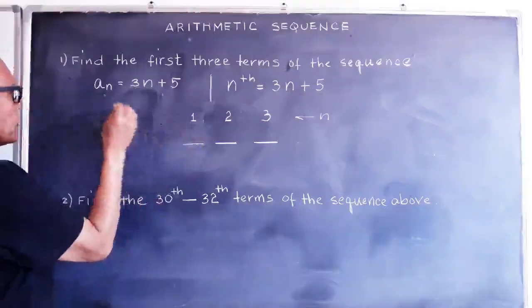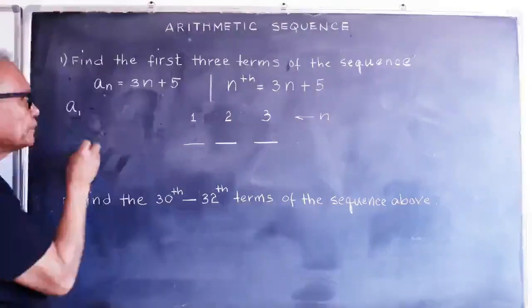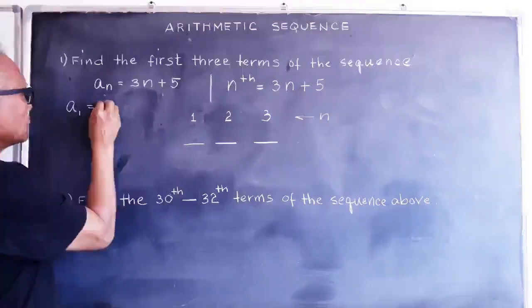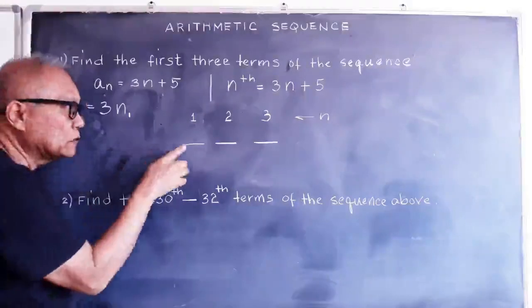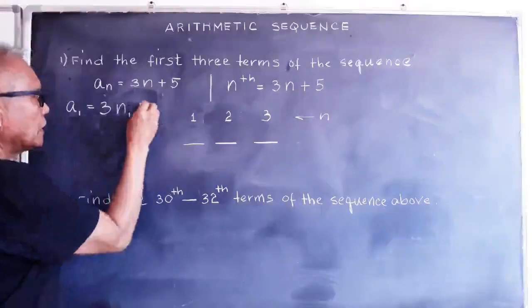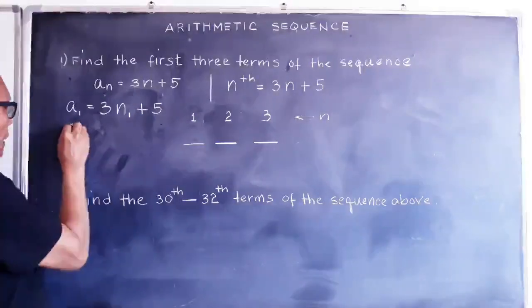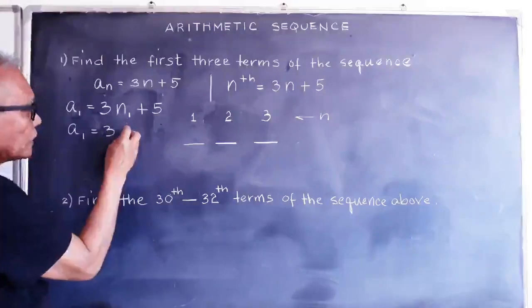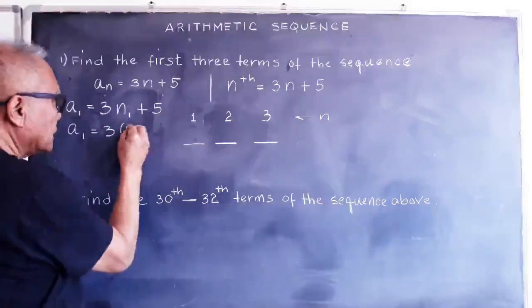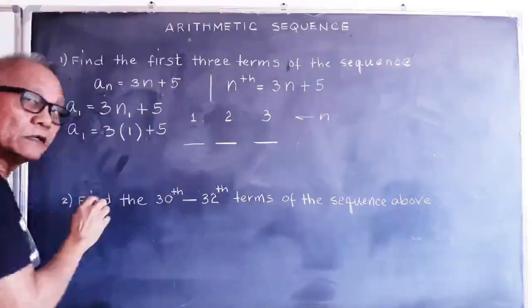So let's have the first term. The first term, it means a1, is equal to 3 times 1, because this is the first term, plus the 5. So we have a sub 1 is equal to 3 times 1 plus 5.